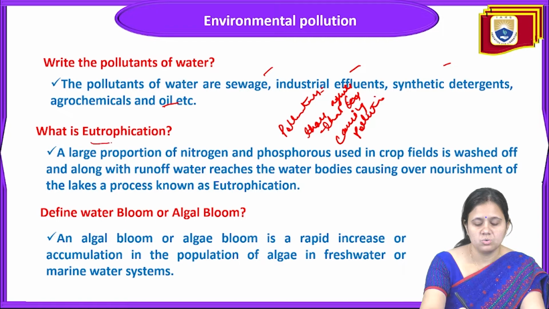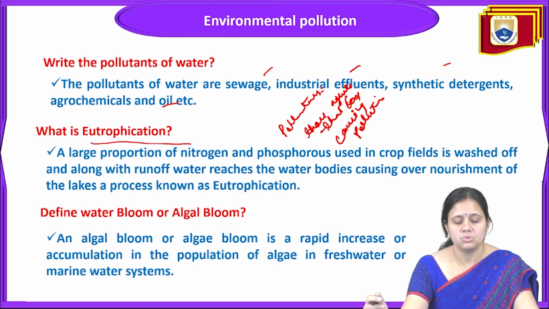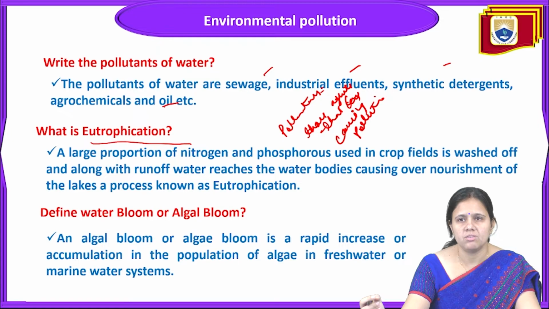Next term is eutrophication. Eutrophication is when a large proportion of nitrogen and phosphorus used in the crop field is washed off along with runoff water and reaches the water body.